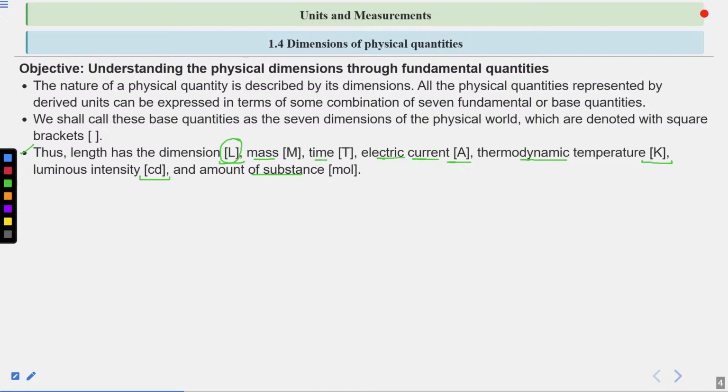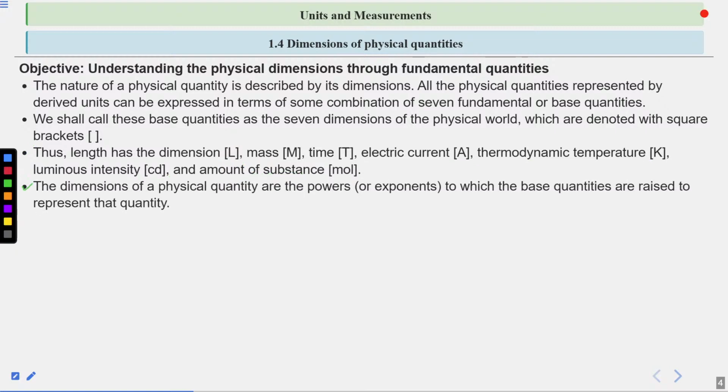Using these dimensions, listen carefully, we will derive other dimensional formulas, or we can say derived dimensional formulas, of the physical quantities. The dimensions of a physical quantity are the powers or exponents to which the base quantities are raised to represent that quantity.